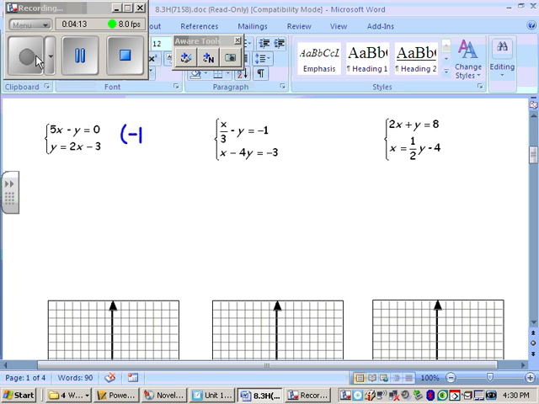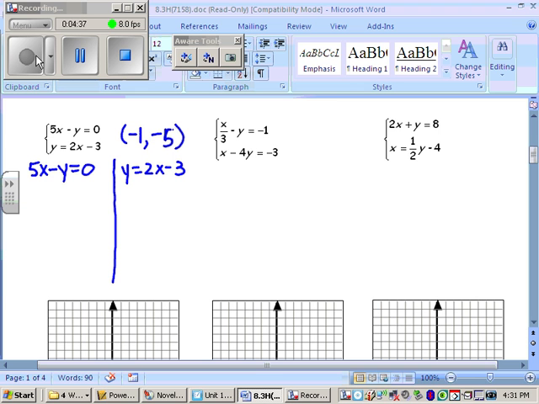So we know our solution is supposed to be negative 1, negative 5, but we're going to graph it to confirm it. But before we can graph, we need to make sure both equations are solved for y. So our first equation, 5x minus y equals 0, is not yet solved for y. Our second equation, however, is.